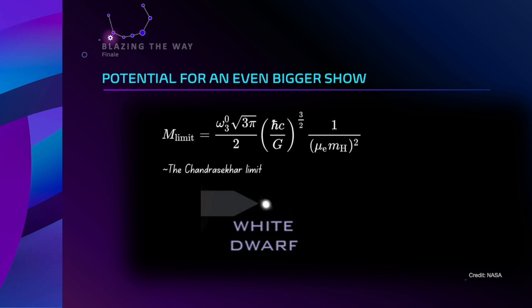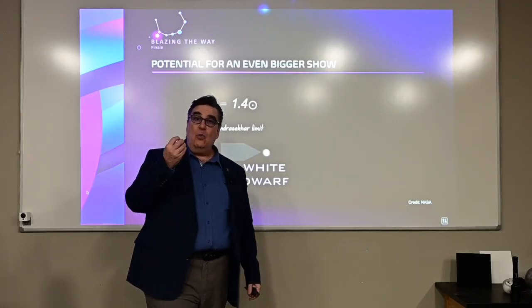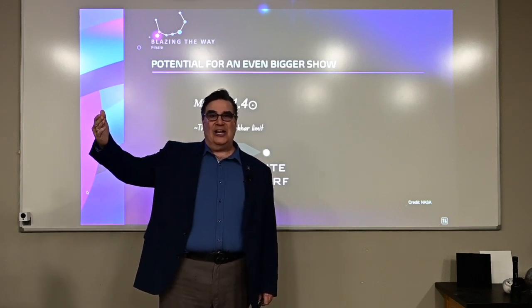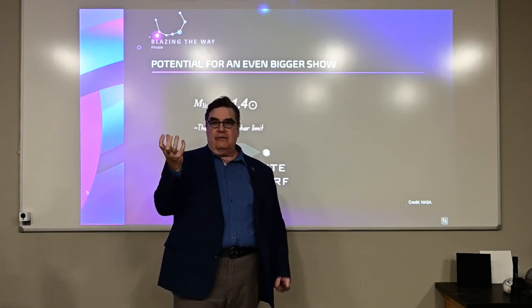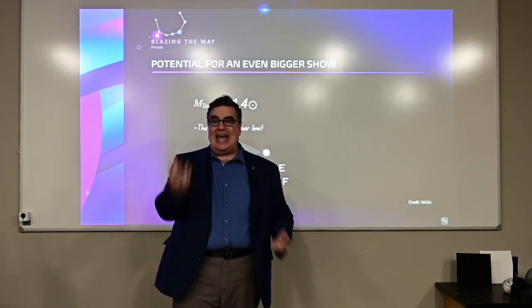And while this might look somewhat complex, if we put in all of the universal constants here, the gravitational constant of the universe, Planck's constant, the speed of light, we get a very, very easy to understand number. The Chandrasekhar limit is 1.4 solar masses. If a white dwarf is greater than 1.4 solar masses, it's not a white dwarf anymore. The degenerate pressure is no longer able to hold that star up and it collapses.